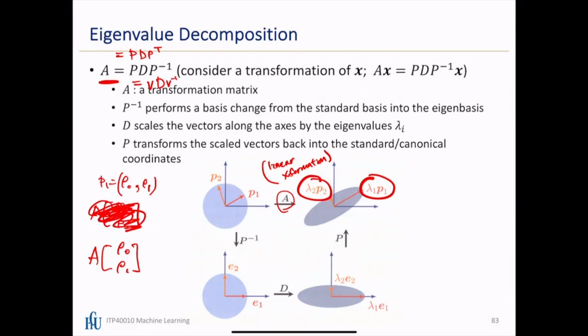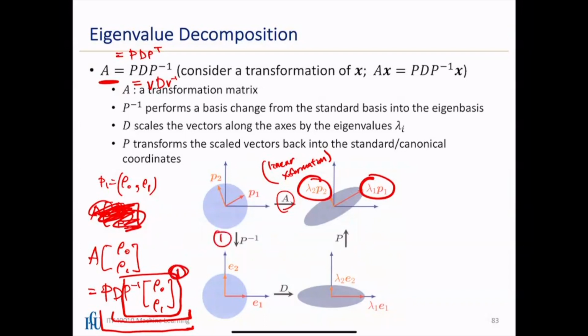So A multiplied by row 0 and row 1 is equivalent to P D P inverse times row 0, row 1, right? And if you take a look at the multiplication of P inverse, D and P one by one, things will look like this. Number one, you first multiply P inverse, then it's going to be rotated.